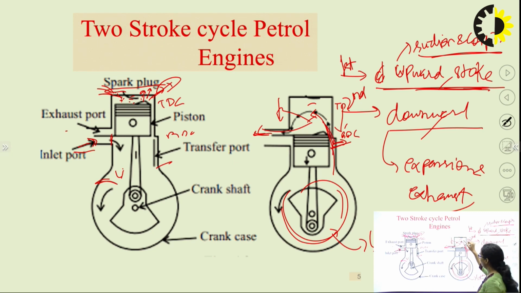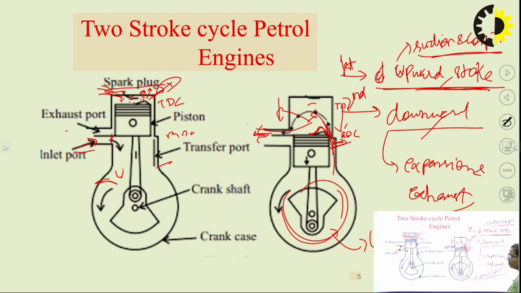Now as the exhaust port is also open and the transfer port is also open, there will be a possibility that some amount of fresh charge will escape from the exhaust port. To prevent this, there is a crown I talked about in the designing of the piston.